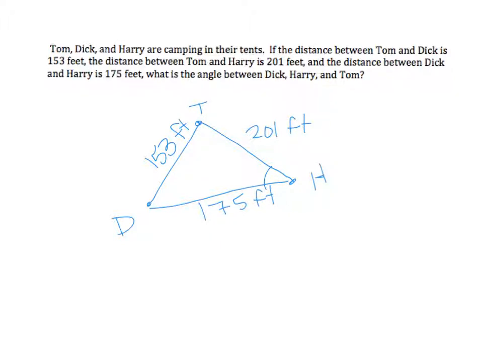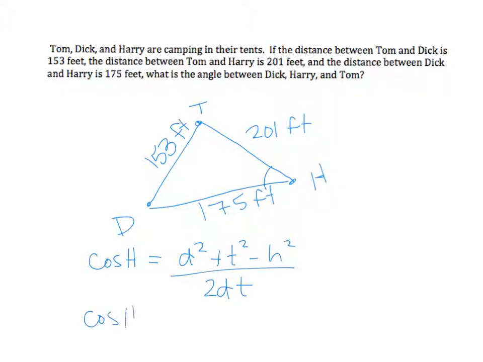And we're going to go cosine H equals D squared plus T squared minus H squared over 2 dt.